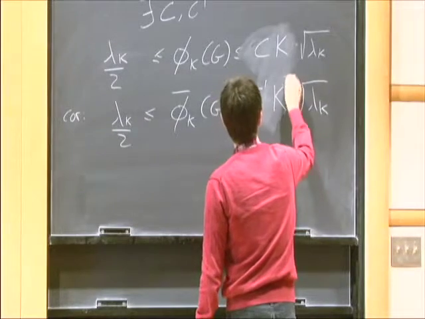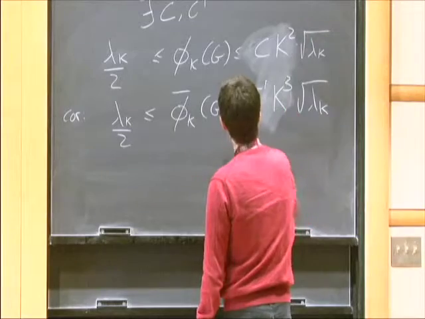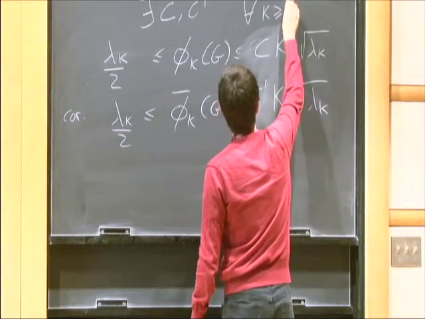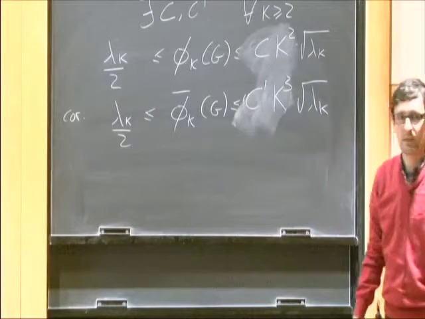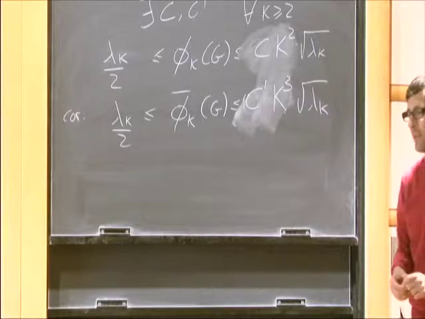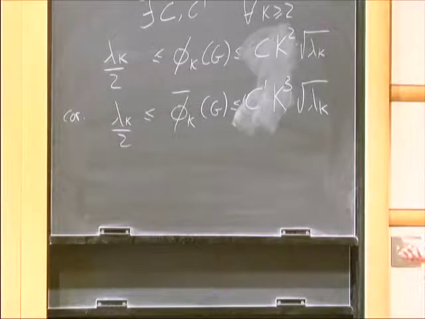And this is true for every k greater than 2. Is the dependency on k squared, right? No, in fact, we don't know. It's a reasonable constant. Oh, yeah, maybe it's more like 6 or 4.